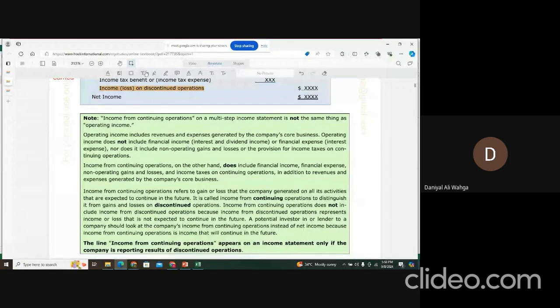It means, let me underline for you, it doesn't include my finance cost, or you can say financial income. By the way, the finance cost is also called financial expense or interest expense.